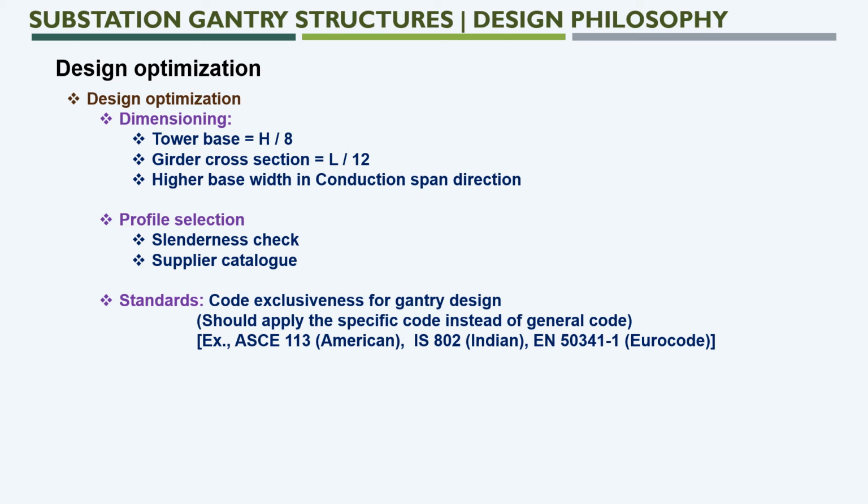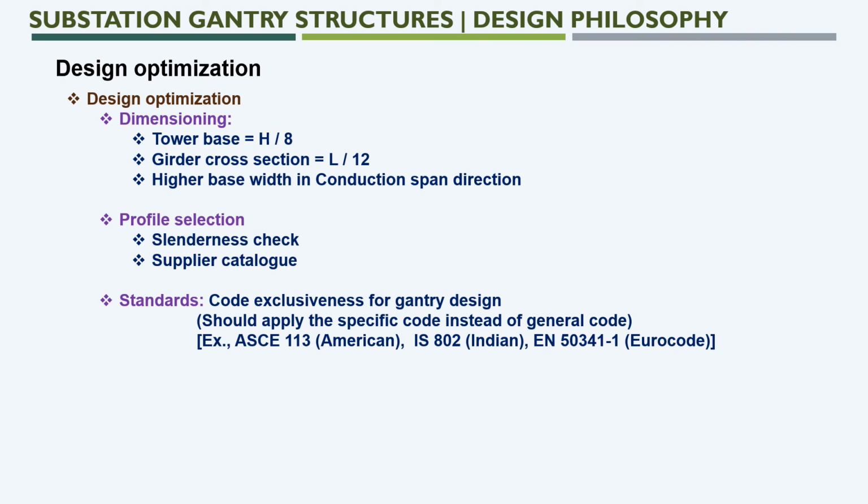Then next one is profile selection. Suppose you are going to select an angle member or hollow section or any C profile or Z profile or any T profile for a main leg or bracing, we need to first check the slenderness, because slenderness is a major property of compression strength.